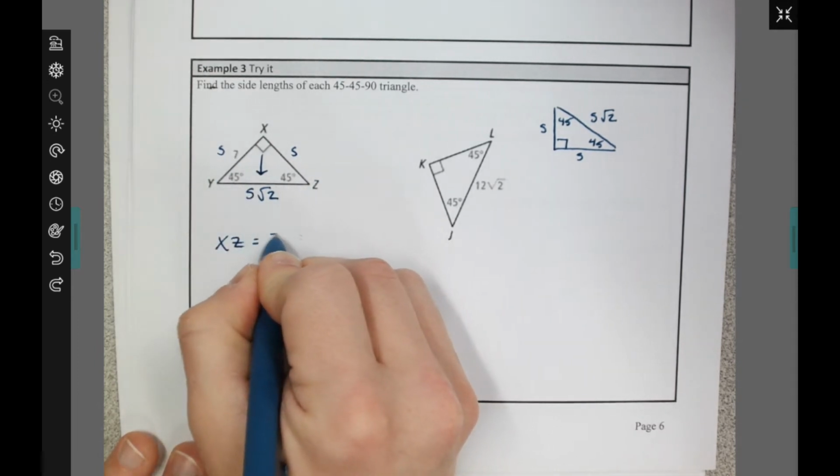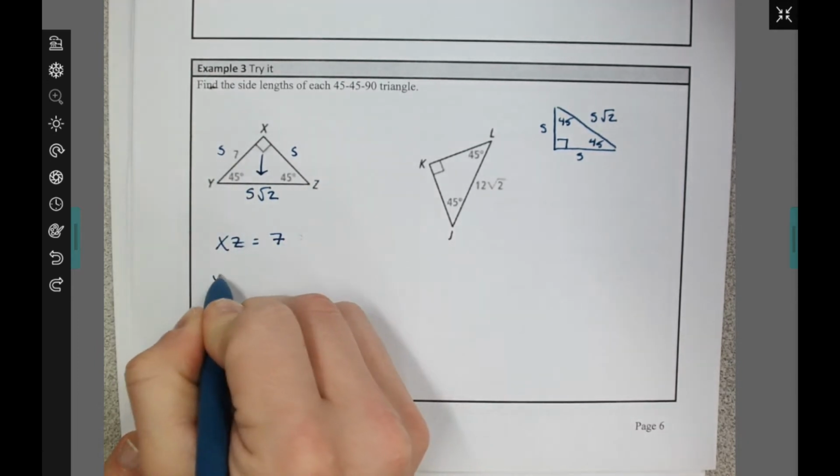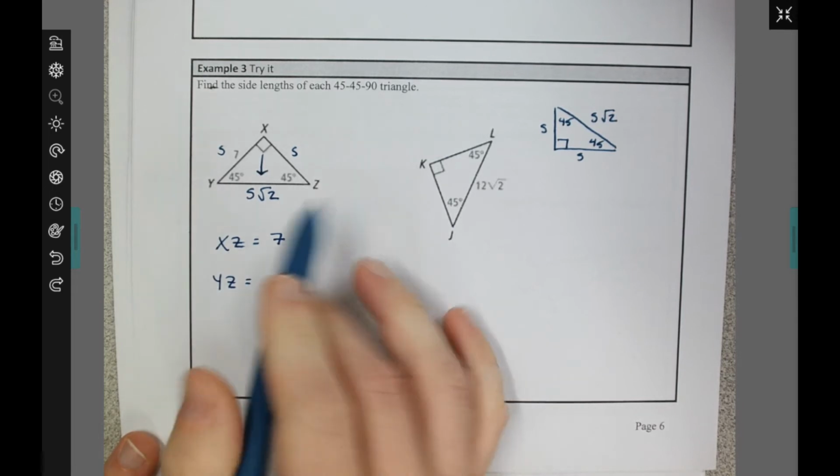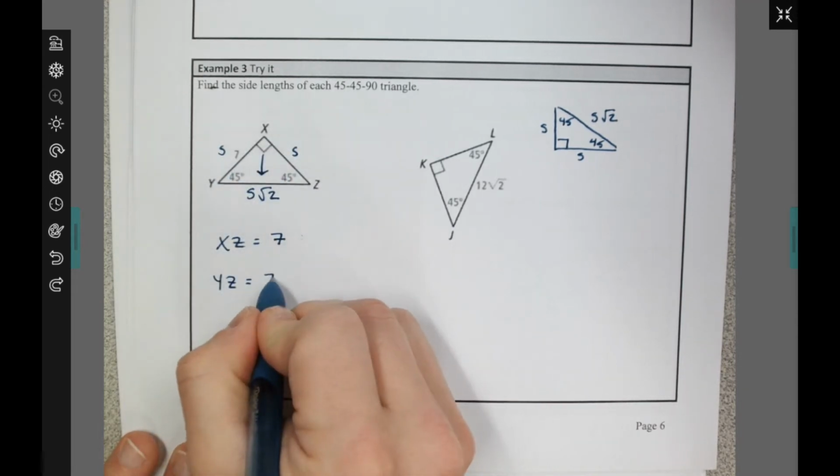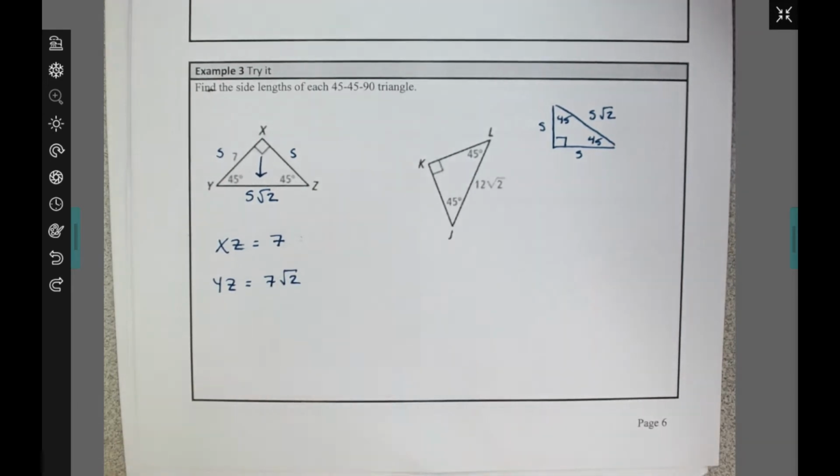So XZ has to be 7. And then YZ is going to be the leg length, so S, 7, times square root of 2. That's it. That's all you have to do.